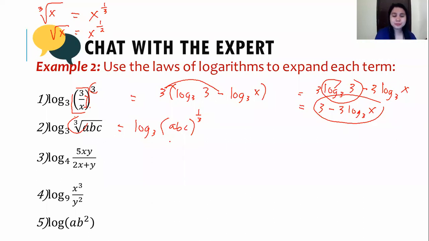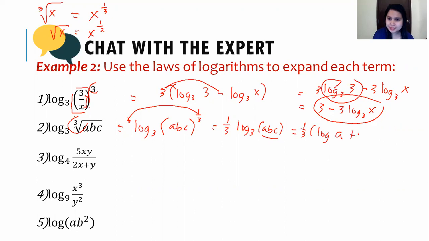The whole antilogarithm is raised to the power of 1/3. So this one will go first. We have 1/3 log base 3 of ABC. Let's simplify ABC.